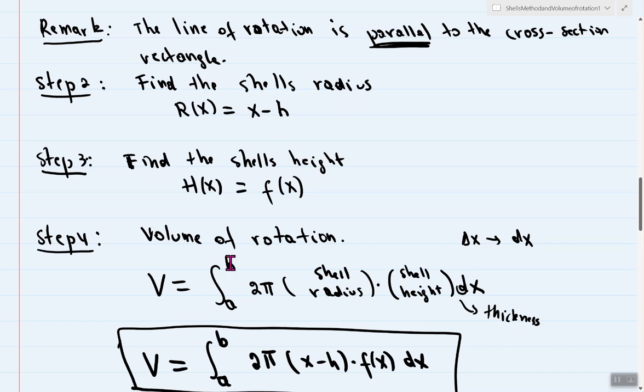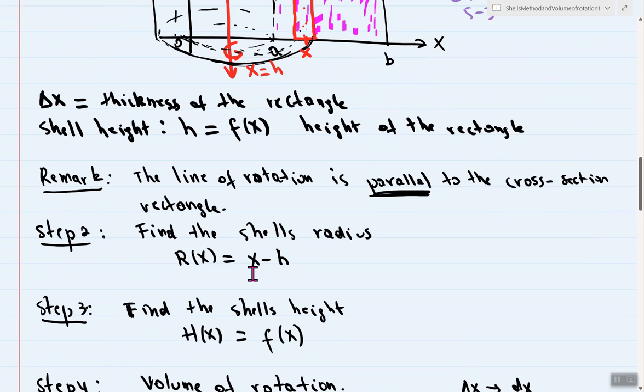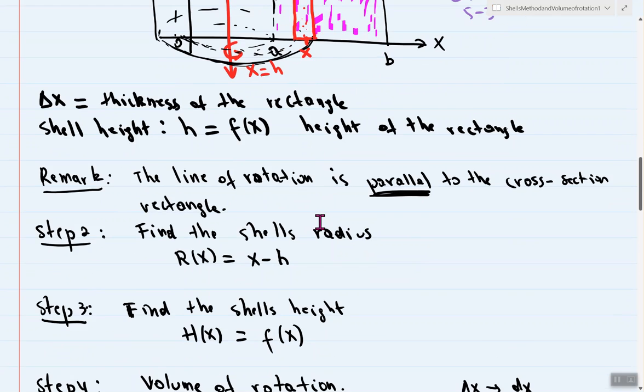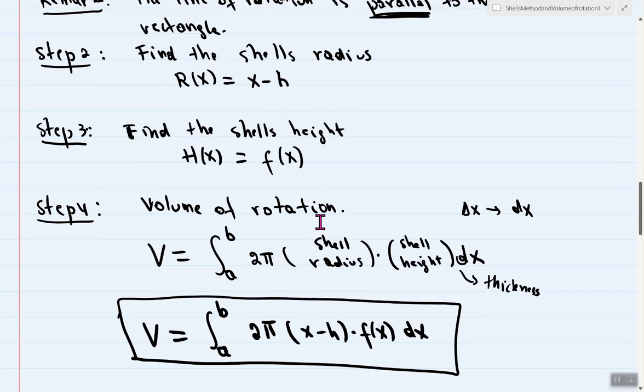And then to do it for all of those rectangles that rotate with respect to the line of rotation x equals h, we're going to use integration. We're going to integrate from a to b, because the region is bounded by a and b in terms of the x limits. We call those the limits of integration.